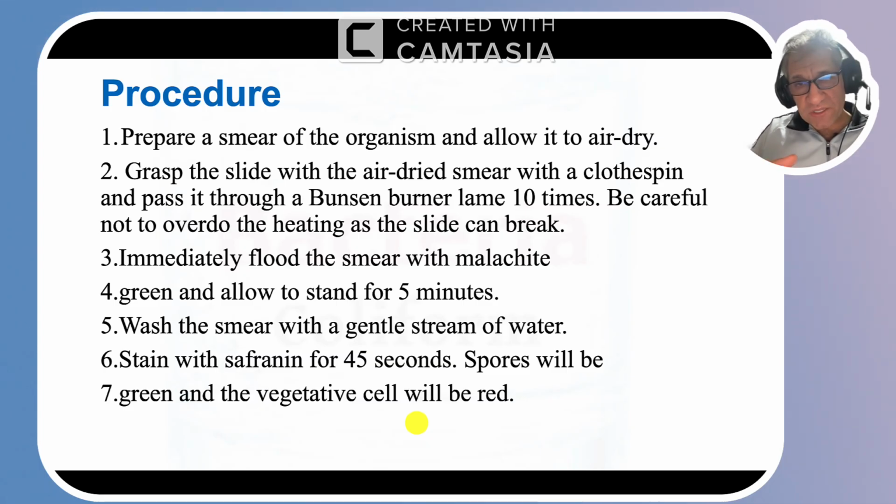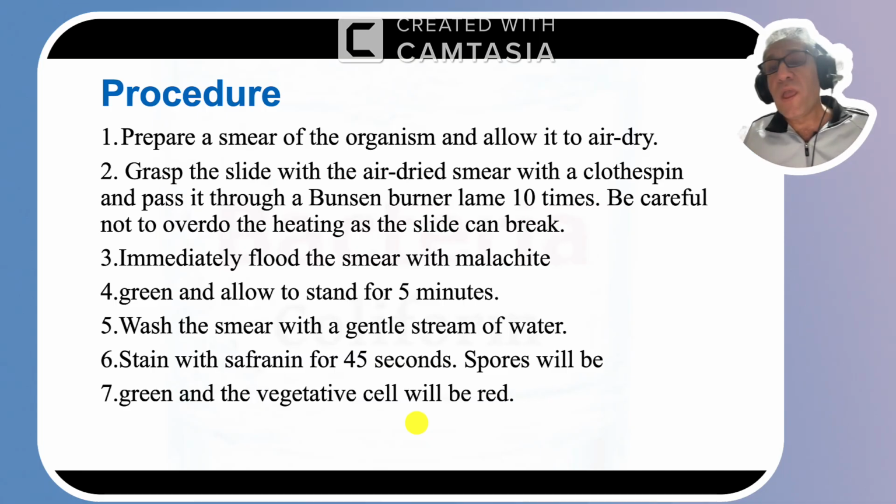The malachite green will penetrate the spores. And then after that, you're going to do washing by decolorizing solution or water, a gentle stream of water, and then stain after that with safranin for 45 seconds.